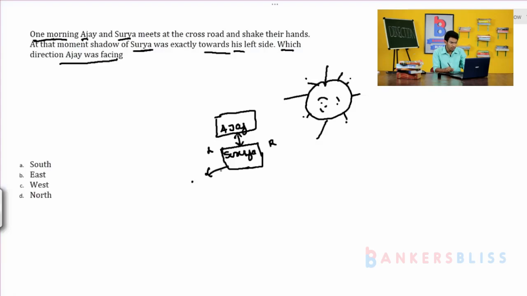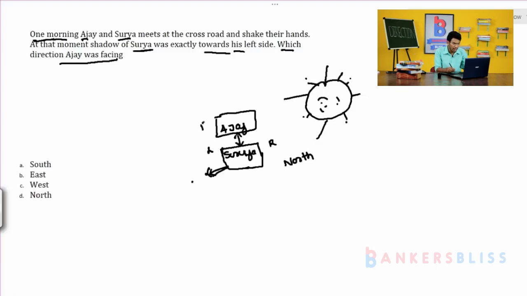Okay. Then the shadow of Mr. Surya, it means that Surya is facing the north direction. Why? Exactly it is to the left. The person is facing the north, our left, our right. Then Ajay is shaking the hand, it is nothing but opposite to Surya.